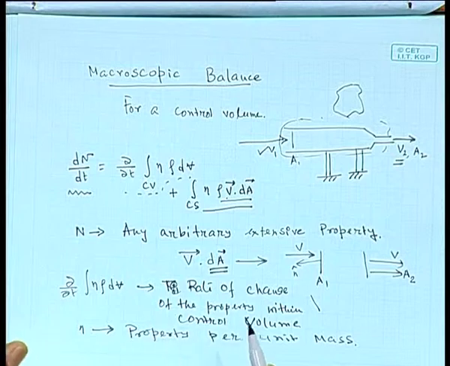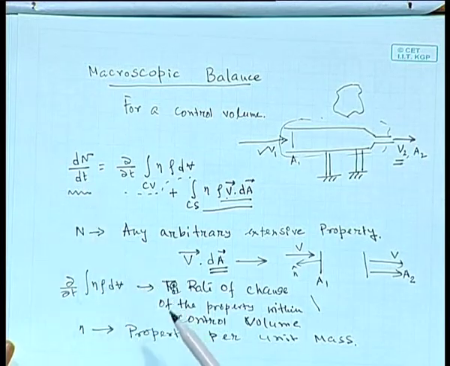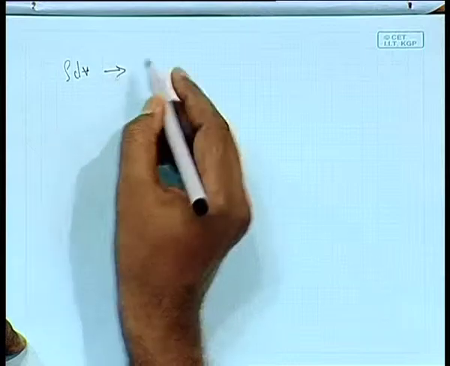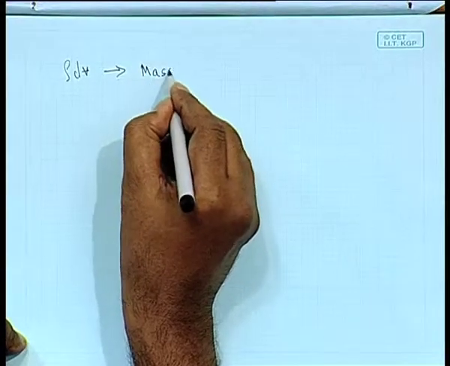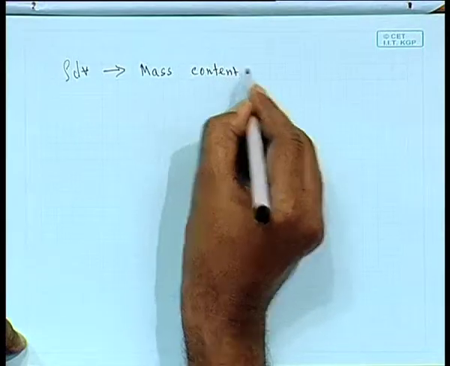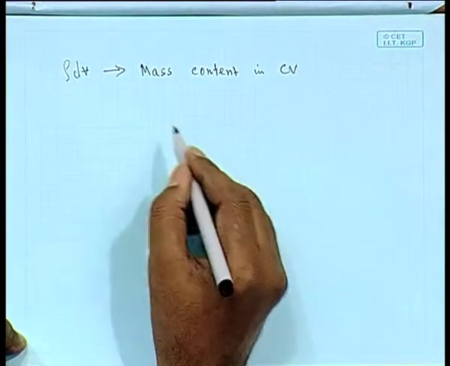If capital N is mass, then eta will be 1. If capital N is momentum, then eta will be V. So, therefore, rho dV will be the mass content in the control volume.